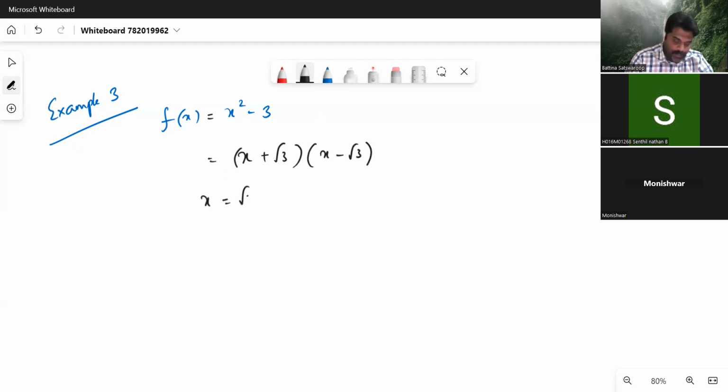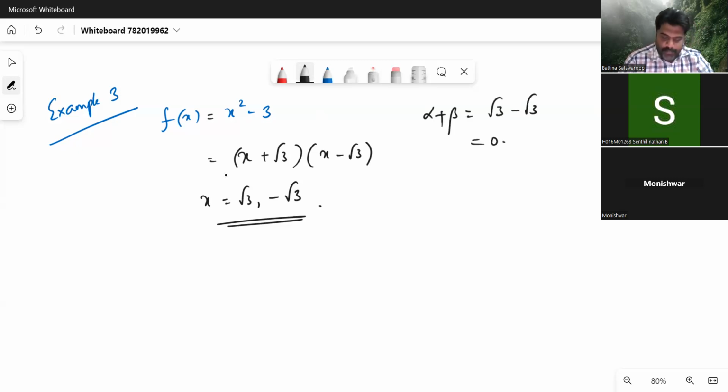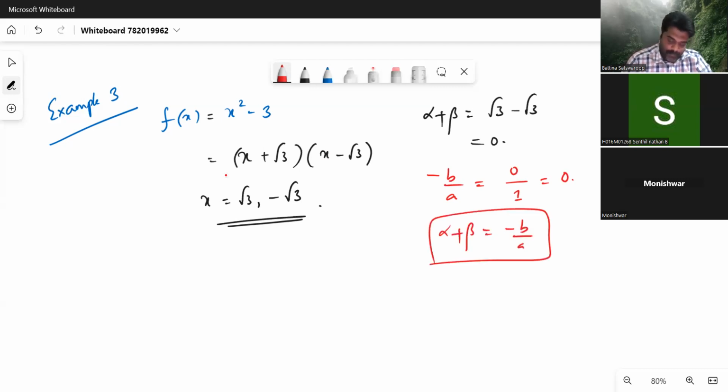So my zeros will be root 3 and minus root 3. Now to verify the relationship, alpha plus beta, that is root 3 plus minus root 3, will be 0. And minus b by a: b value is 0, a value is 1, 0 by 1 is always 0. So alpha plus beta is equal to minus b by a.